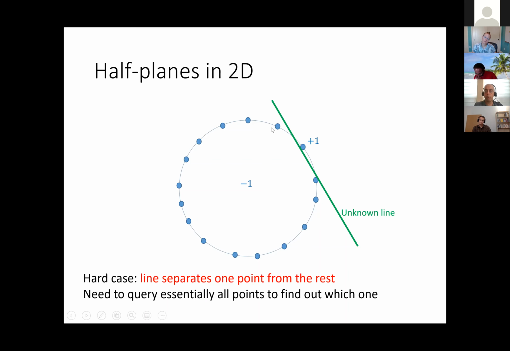So one point gets labeled +1, all the other ones get the label -1. And basically I'm asking you which point got labeled +1. Well, of course, if you're only allowed to query these points, which is what we've been doing so far, then you're stuck, right? To figure out which point is a +1, you need to essentially query all the points until you find the 1 point that happens to be a +1. So it seems like here we're stuck. So what can we hope to do?